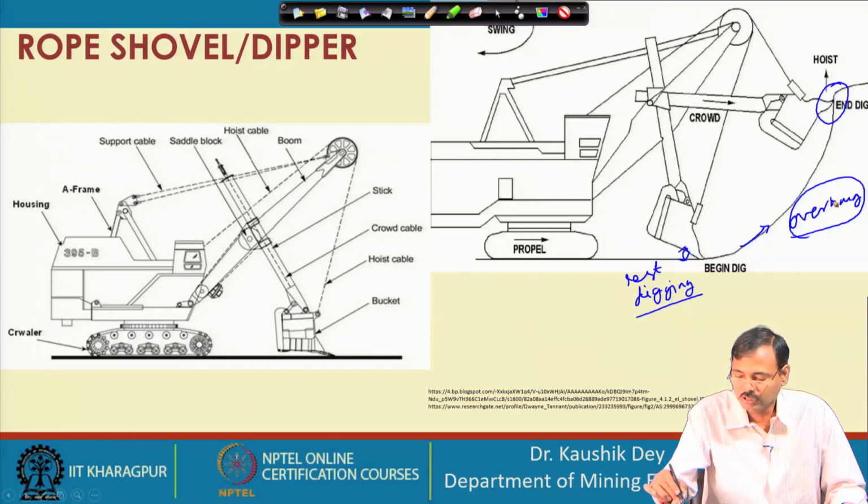So, this is never allowed, because otherwise this portion will become overhang. That is why the excavation height is restricted from the height of this boom.